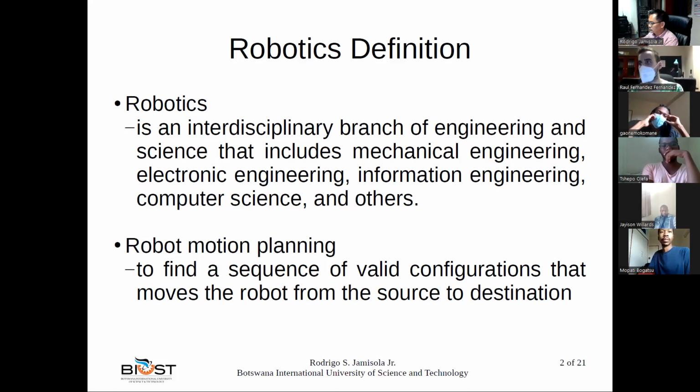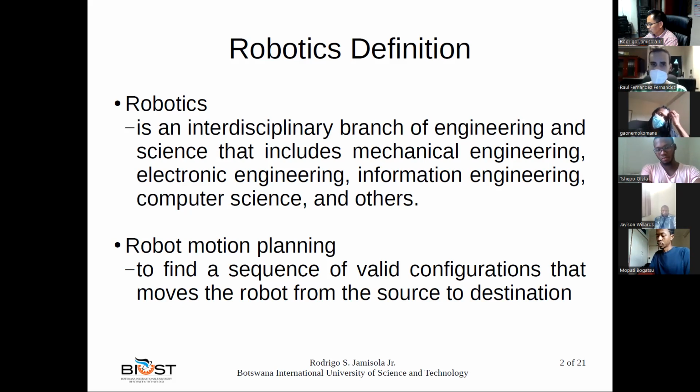So when you say you are a robotics expert, you are not really an expert in all of it. You are an expert in some of the areas of robotics. Maybe you're an expert in the electronics, or in artificial intelligence, because robotics encompasses a lot of different interconnected topics.